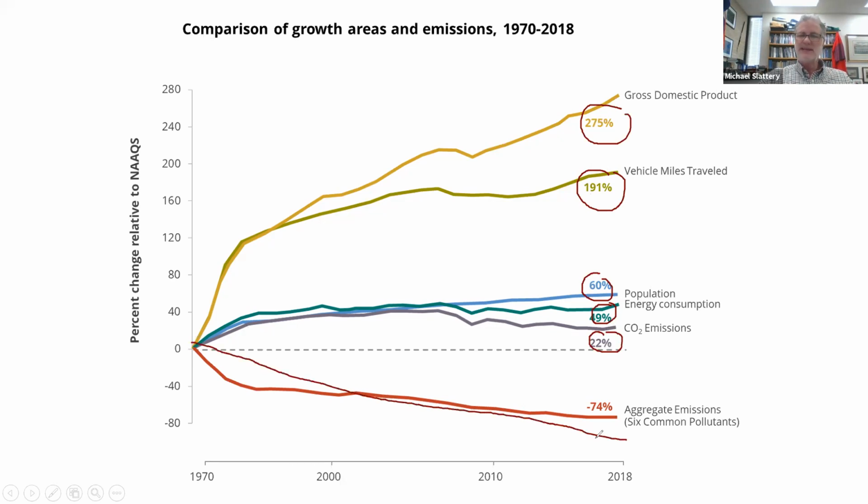Whereas the aggregate emissions from those 6 common pollutants have gone down. If we take all of those trends, air quality has improved, with the exception of ozone, right? And that's as a result of technology, catalytic converters, scrubbers going into smokestacks in chemical factories, and legislation like the Clean Air Act, right? That went into effect in 1973 and has been strengthened and revised. Does that make sense?